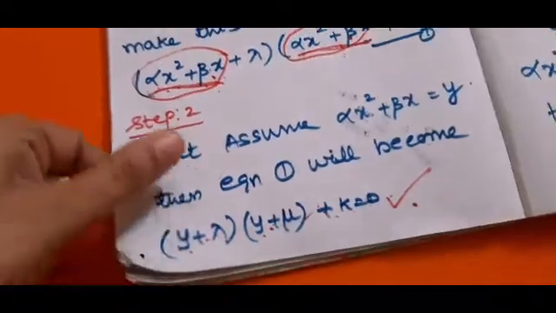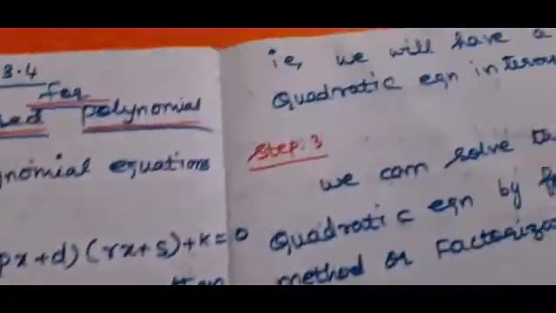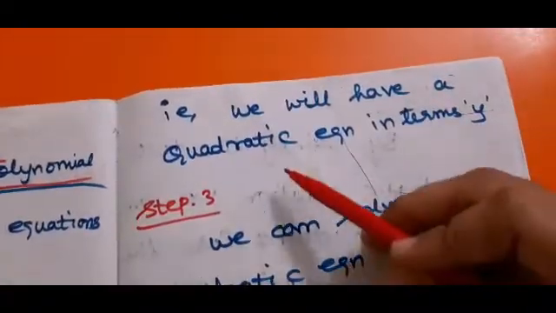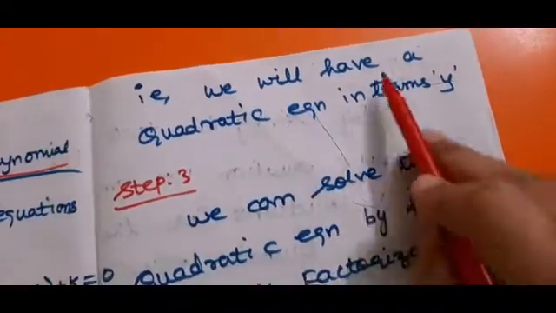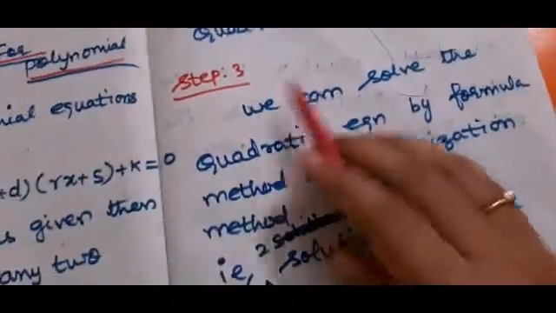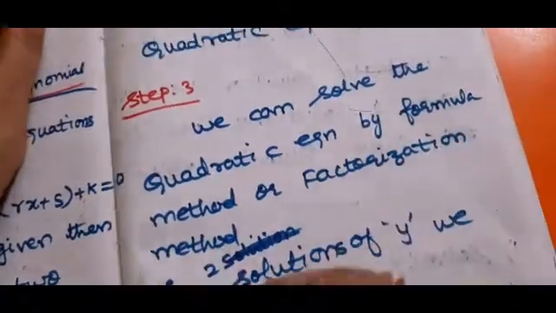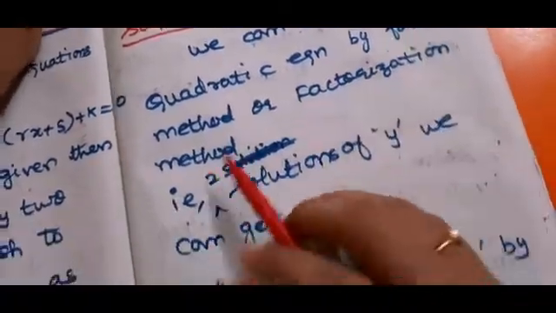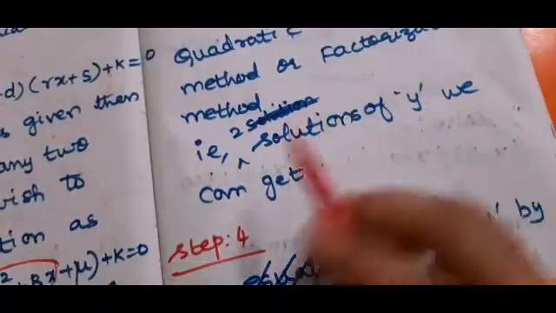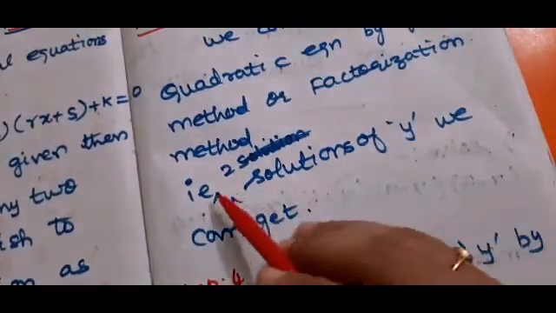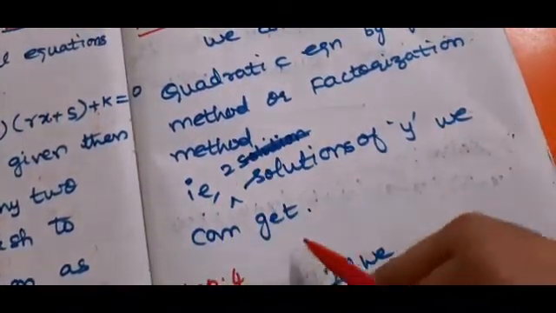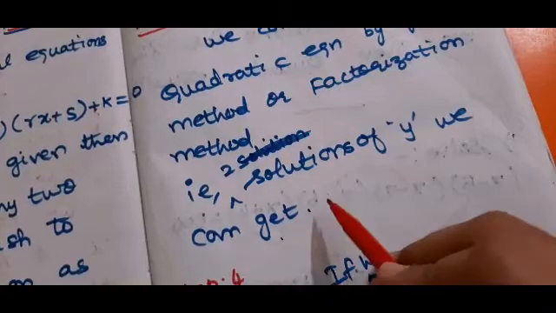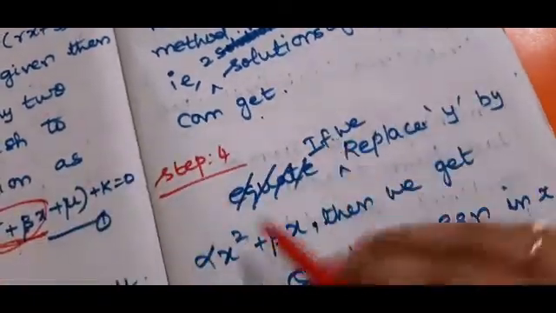For a quadratic polynomial we know that we have 2 solutions. So we have a quadratic equation in terms of y. Now step 3 is, we can solve the quadratic equation by the formula method or factorization method. That is, we have 2 solutions for y.